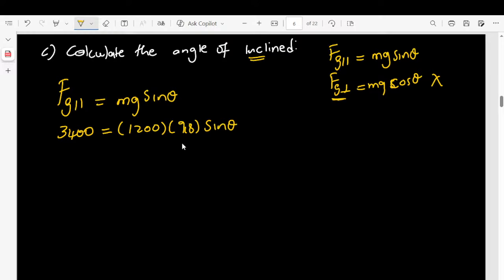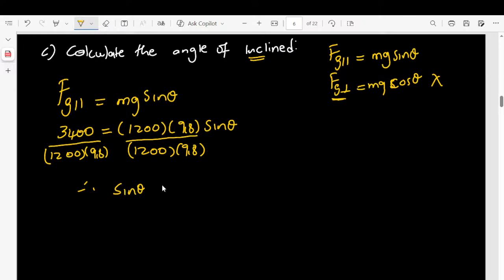So now we can just isolate everything. How do we isolate? We can divide both sides by 1.2 multiplied by 9.8. What's next? We need to find the sine of theta. What is the sine of theta equal to? It's equal to 3,400 divided by that.